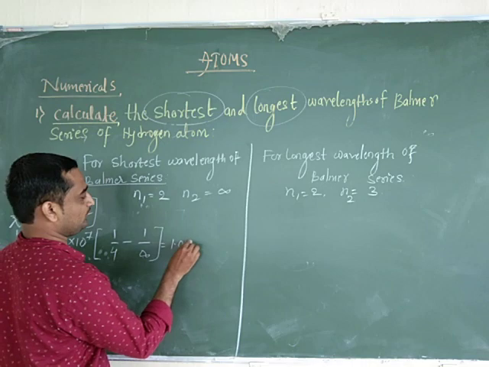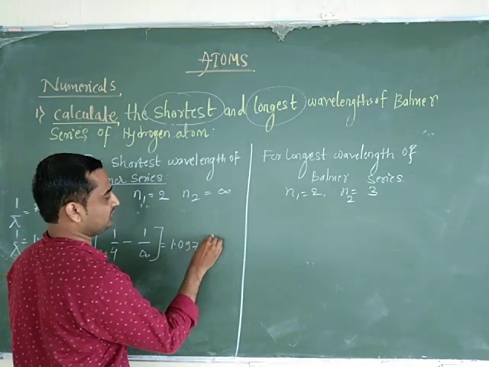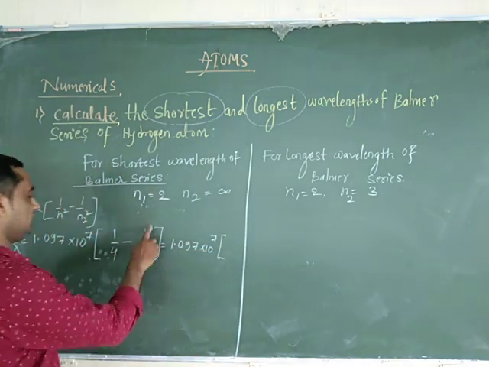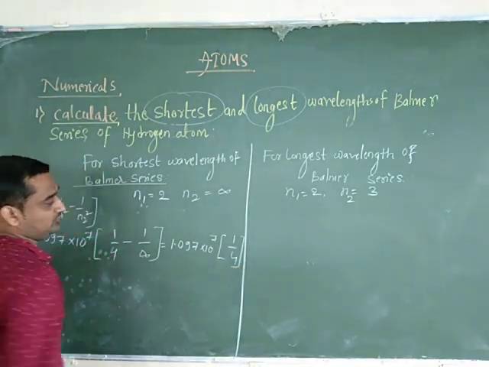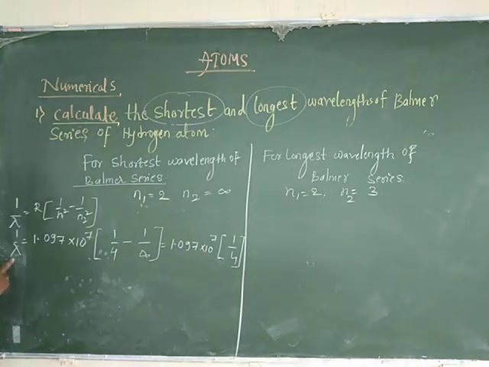So this is equal to 1.097 into 10 to the power 7 into 1 divided by 4. This is 1 by lambda.